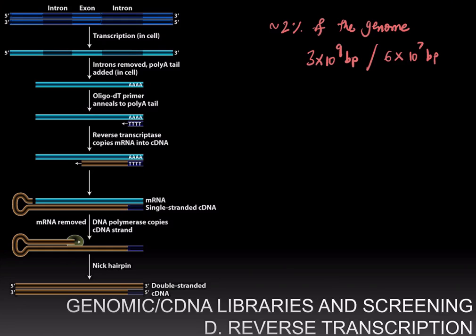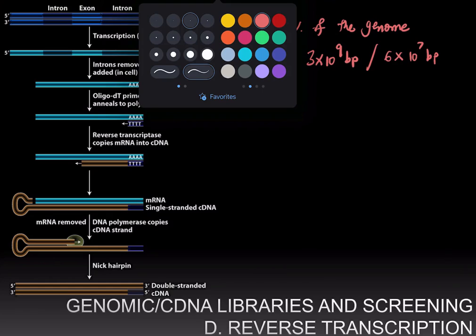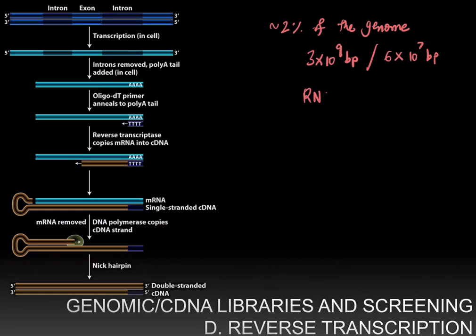And it's possible to make such a library by taking the RNA, all the expressed messenger RNA in a particular cell type or a tissue, and then converting that mRNA into DNA. Now, recall the central dogma, which is that DNA gets read into messenger mRNA through transcription.